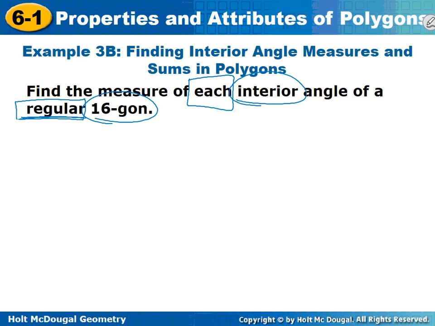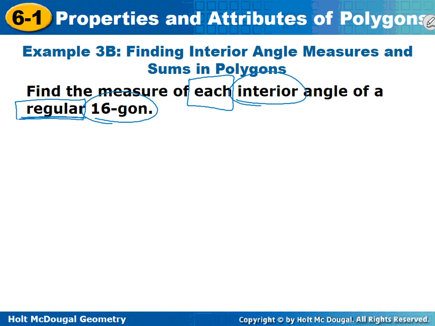By n, which is the number of sides or angles. So we're just going to divide it by n. This is your second formula that you need to memorize. Really, you don't have to memorize it. If you just think, whatever the sum is, I'm going to divide it by how many sides or angles it has. That's going to give me each one. Okay, so it's just the sum divided by how many angles you have.